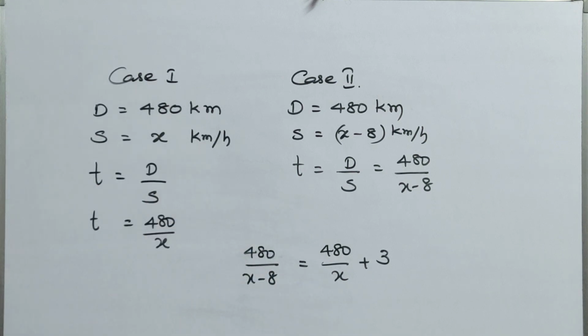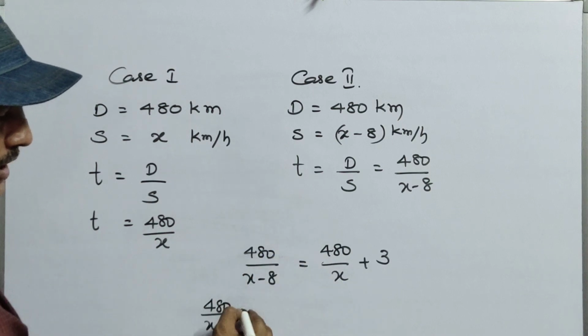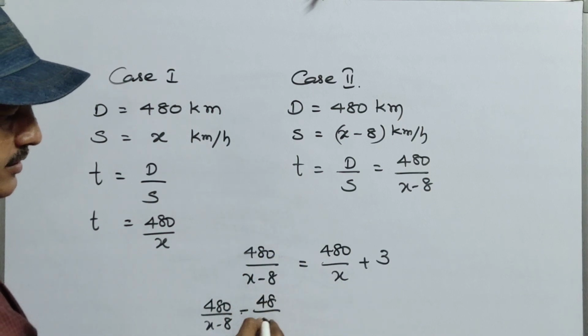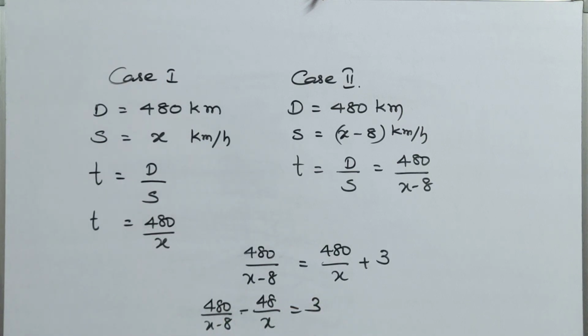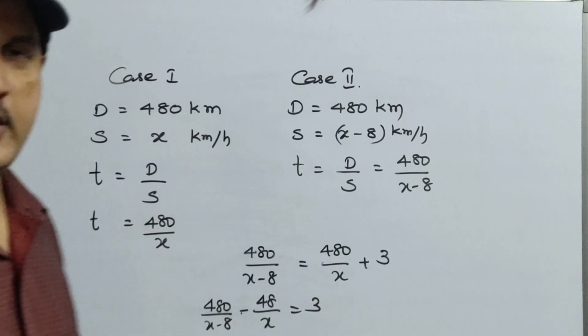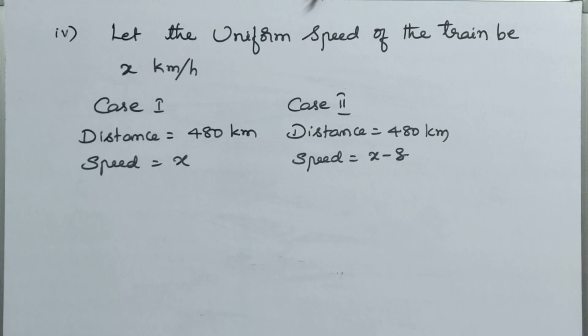Now from this you have to frame one equation. 480 by x minus 8, this plus will come to this side, so minus 480 by x equals 3. Now we have to do the simplification and find the quadratic equation. Now see here, already I explained.